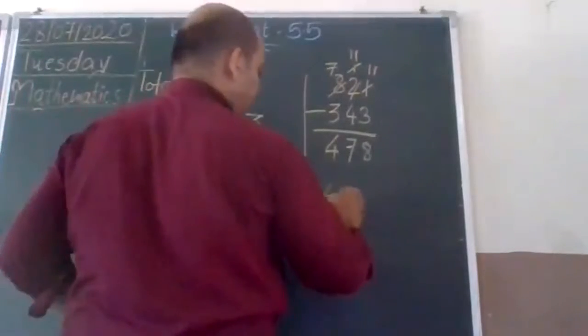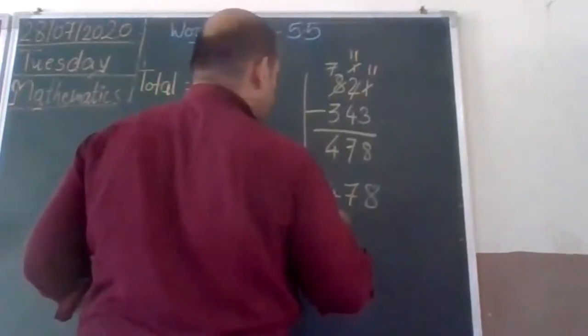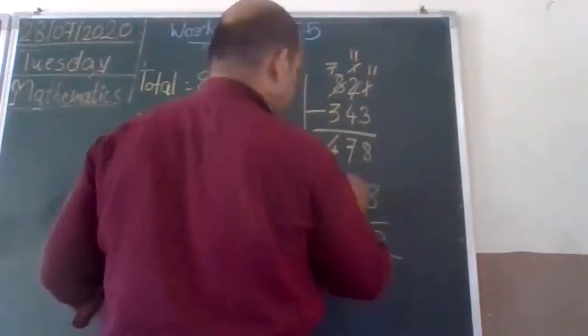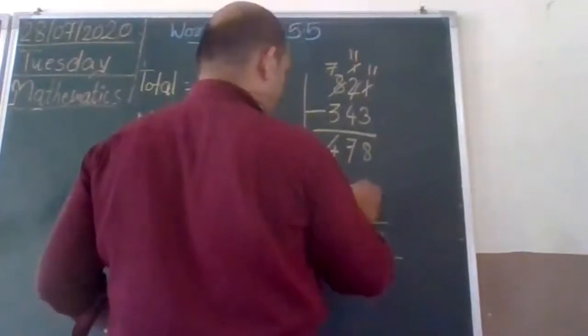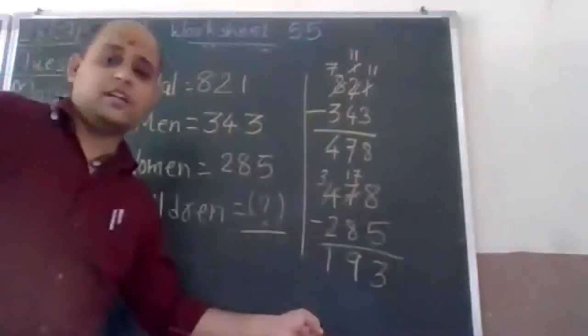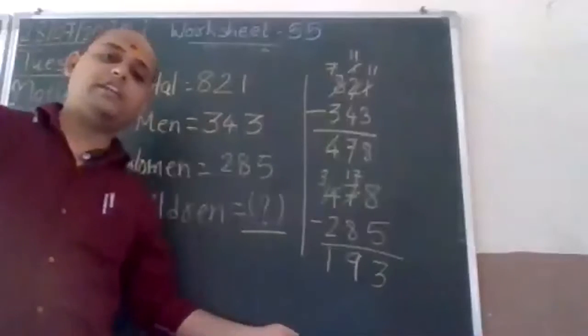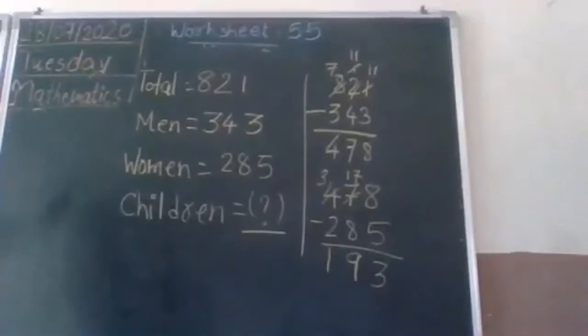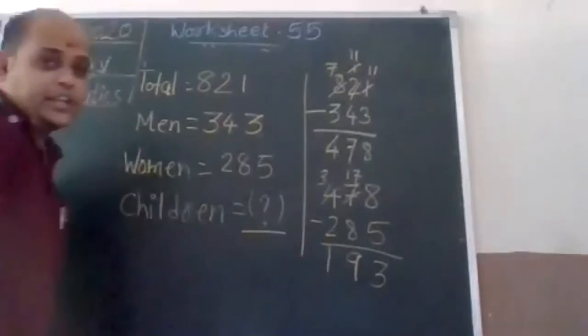Minus 285. Again, number of women have to be subtracted, and you will get the number of children in the town. In the given town, it is 193.